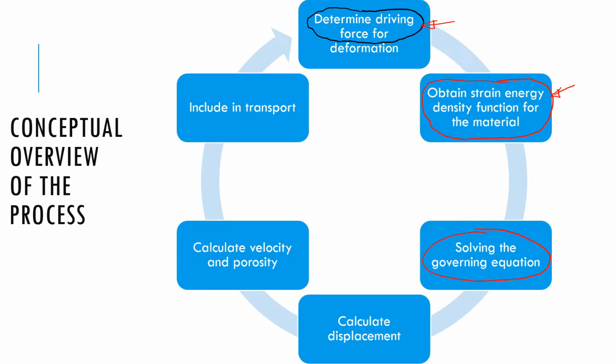By solving the governing equation, we get that deformation gradient, which actually eventually gives us the displacement of the solid locations, the locations inside the solid, how do they move. So from that displacement, we can get velocity. And this is the velocity of the solid.